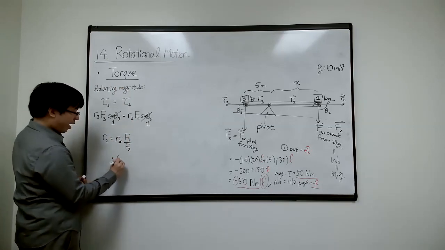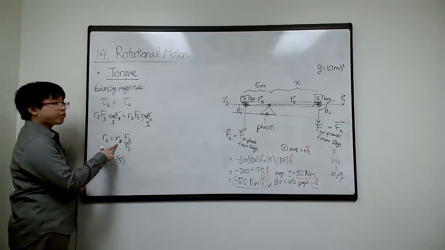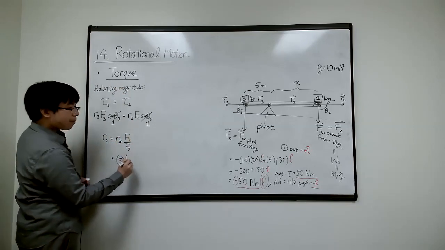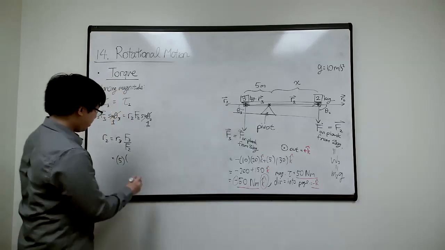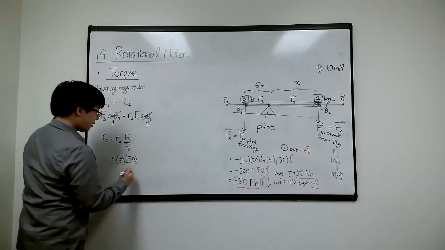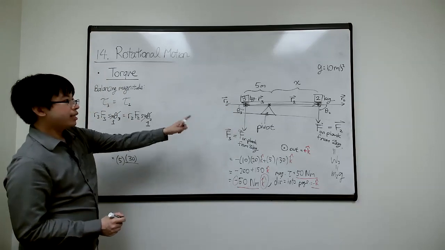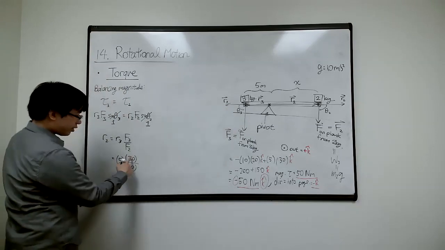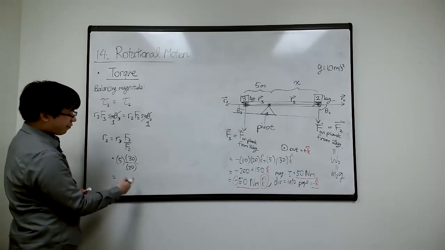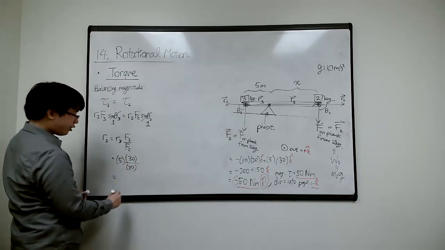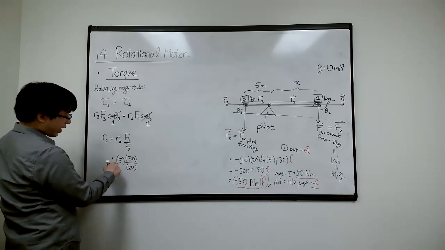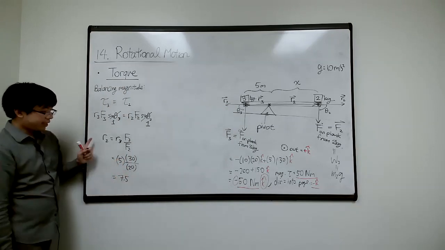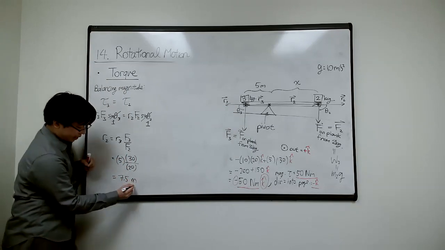R3 is placed 5 meters away from the fulcrum, from the pivot, and F3 is, what's the weight again? 30. And F2, the weight is 20. Okay, so this is 3 over 2, or 1.5. 1.5 times 5 is 7.5. What's the unit? Meters.